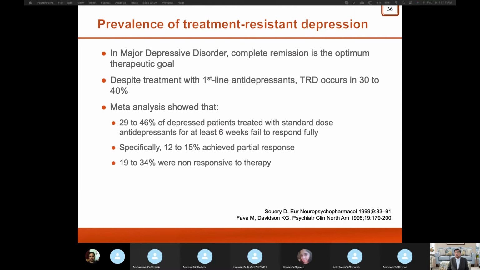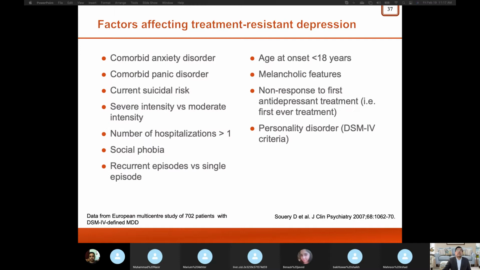And a meta-analysis showed that 29 to 46% of the depressed patients treated with the standard dosage of antidepressant for at least 6 weeks failed to respond completely, and 15% achieved partial response, and 34% were non-responsive to the treatment. So it's very high, unfortunately.